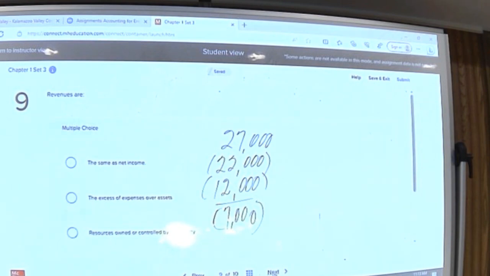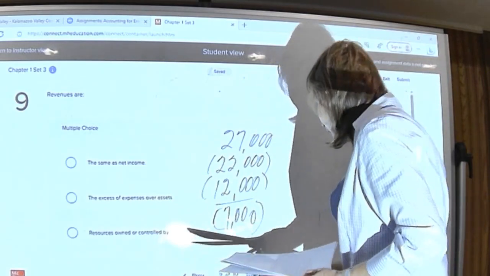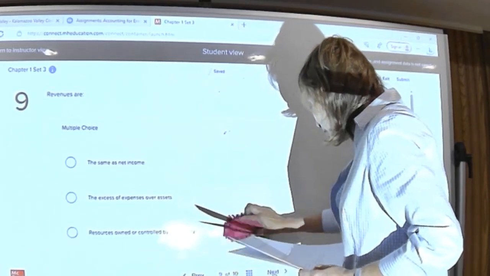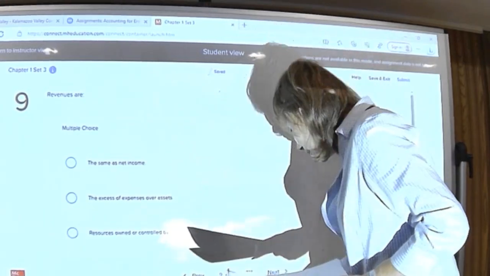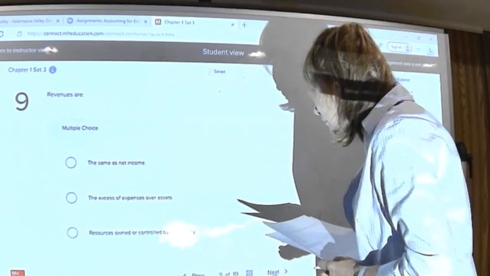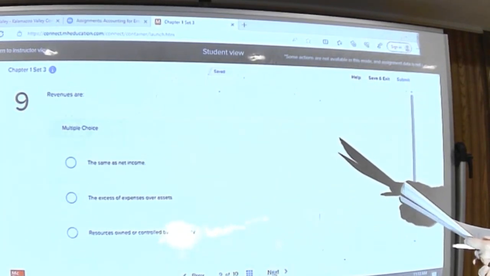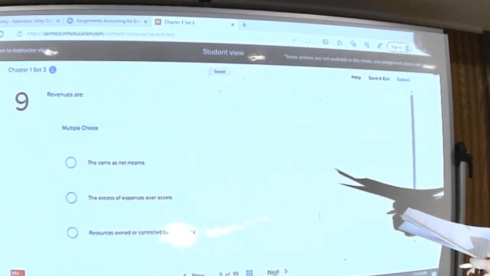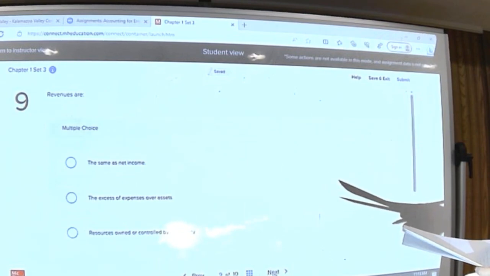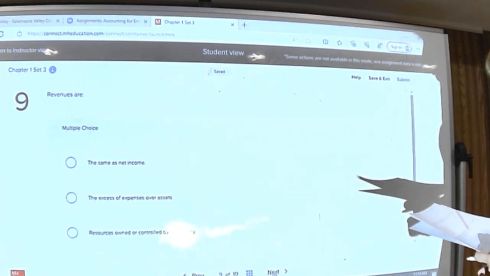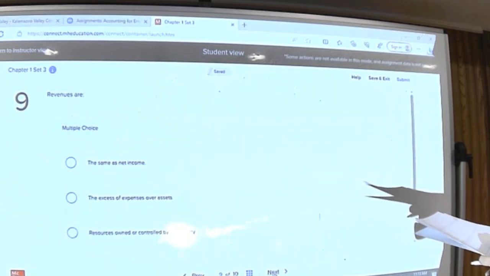Number 9, this is just a definition of revenue. Revenues are what? Increases in equity, right? Remember, revenue is a part of income. Income increases equity, so revenues increase equity.